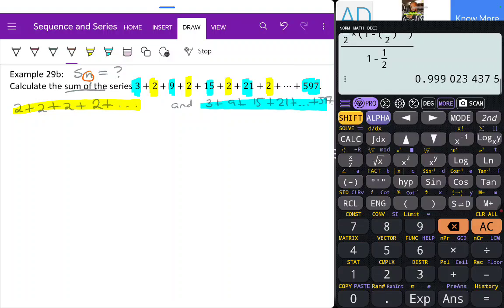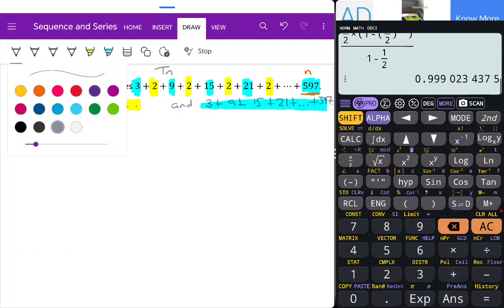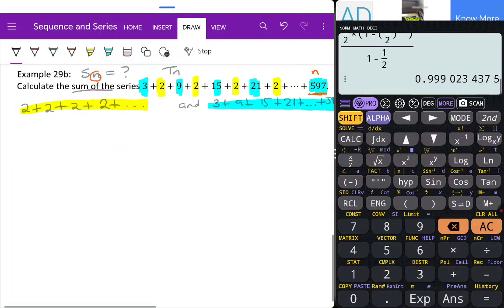The problem right now is that we know that this is n, but we don't know what it is. So we need to first start by asking ourselves, what is Tn and of which one? Because n is blue, we're going to do the Tn of the blue series.